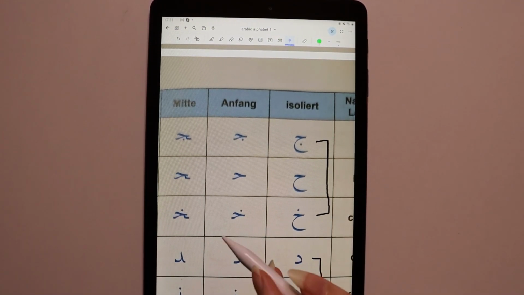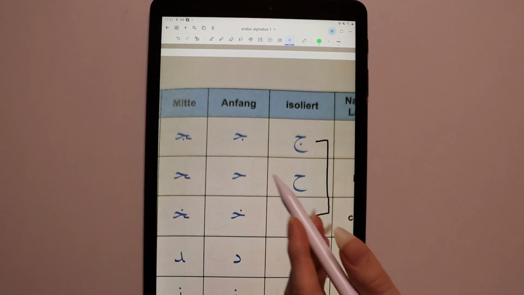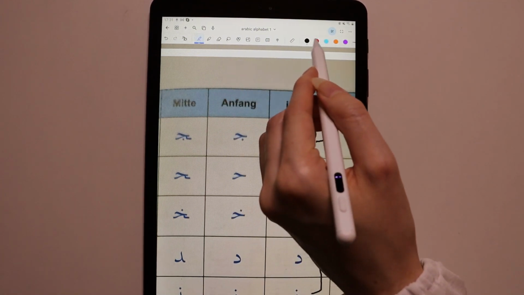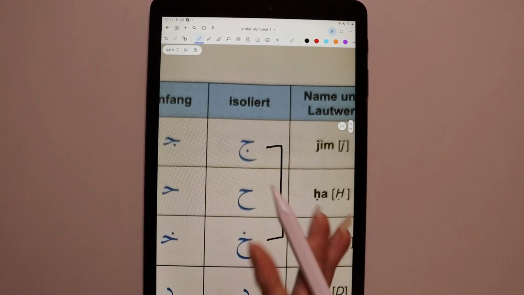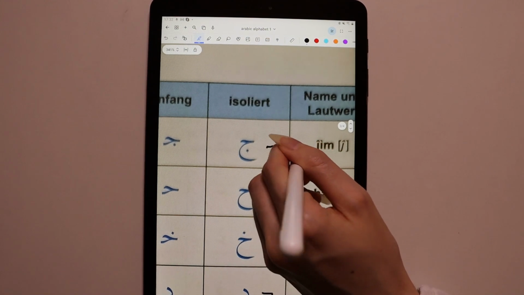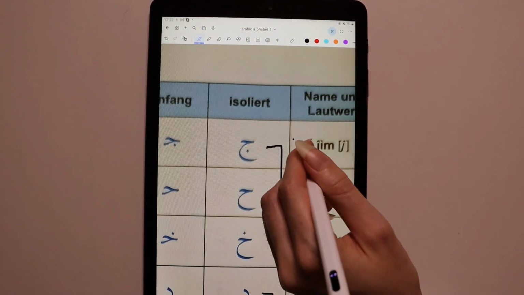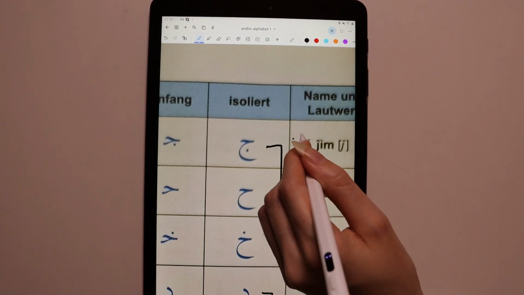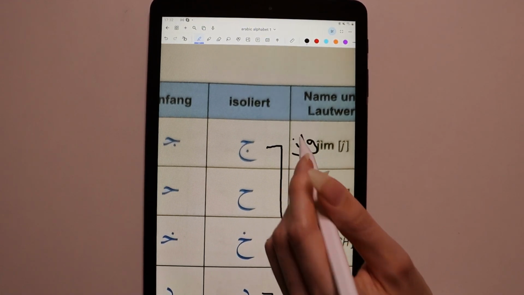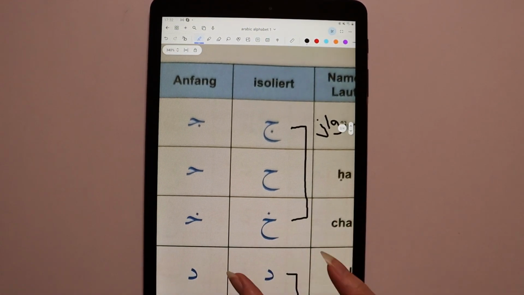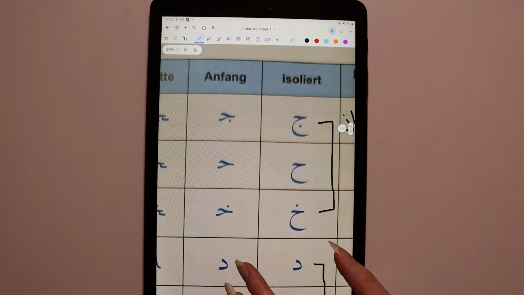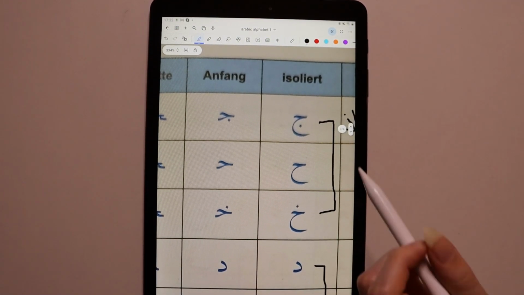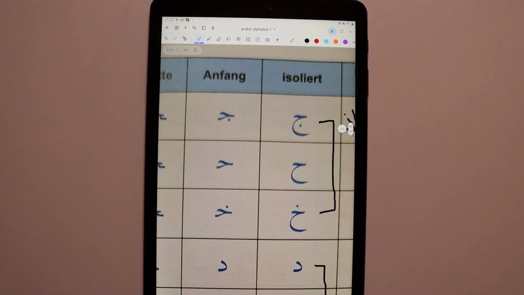It's not like g, but it's like j, like in jungle, except if you are in Egypt, as an example. So I would say it's like a j. It's also written like this, jim, but it can also be like a g sound, as in go. If you are in Egypt, there people pronounce this letter like g.